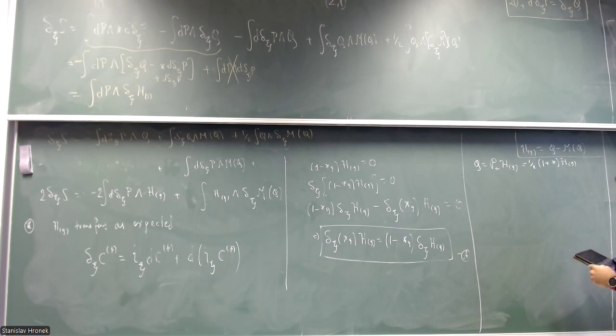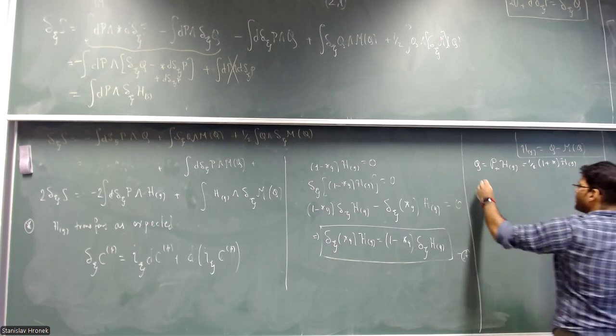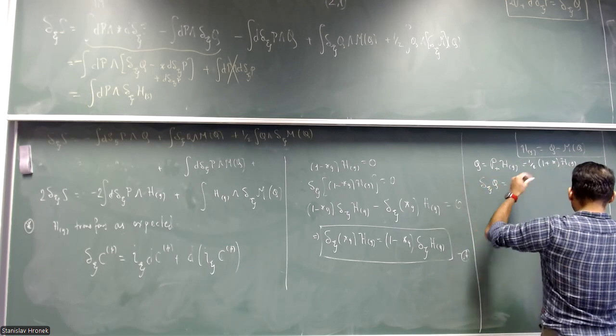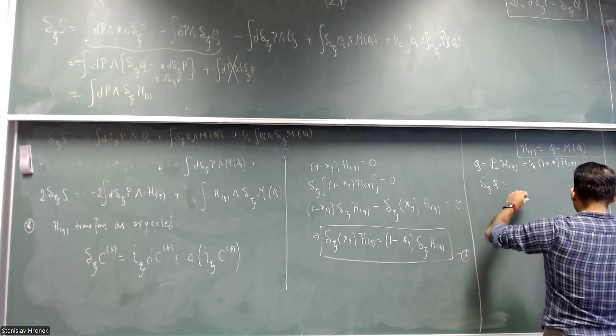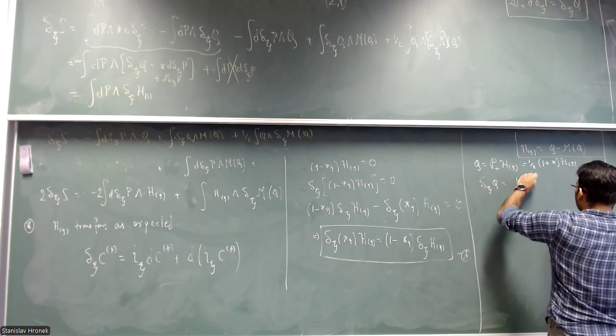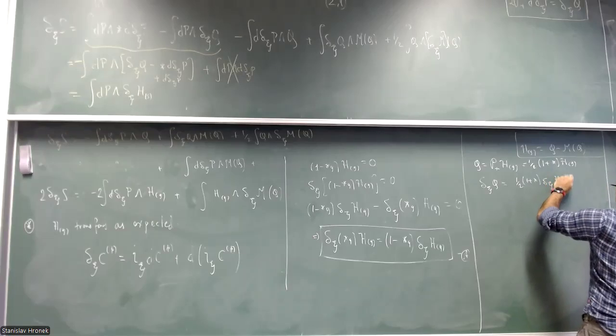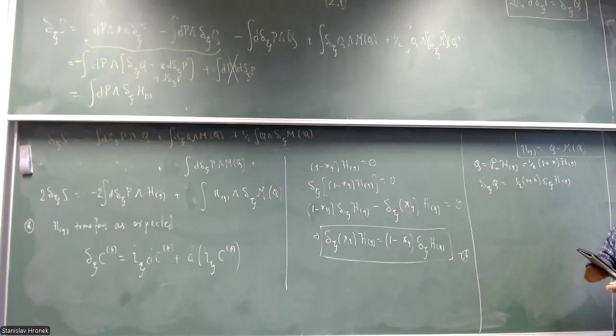Now that means if I take delta xi of Q, I'm going to have... this star is not going to talk to the diffeomorphism, because this is the star with respect to G.